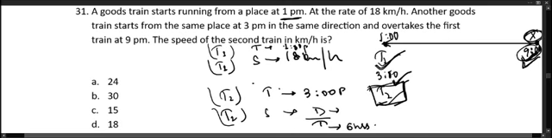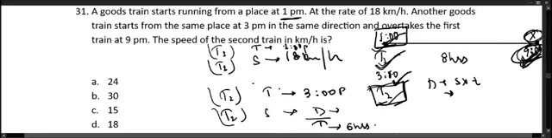Let us understand it in a direct manner: train 1 is moving for 8 hours. Train 1 started its journey at 1 and reached point X at 9, so the difference between the timings is 8 hours, and distance is equal to speed into time.